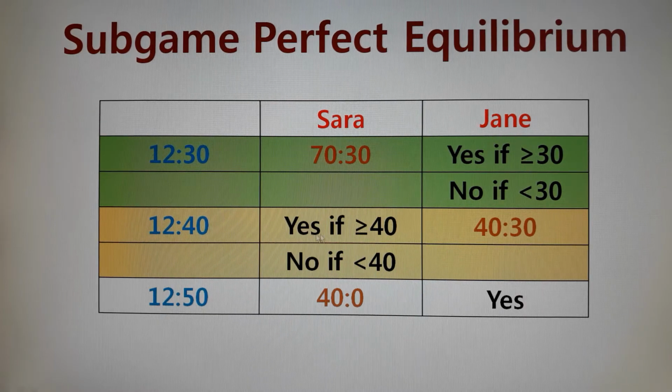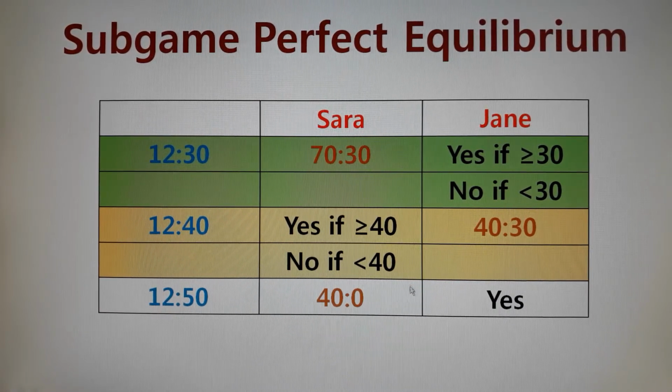Sarah would say yes if Jane's offer to her is more than or equal to 40, and would say no if it's less than 40. Makes sense? That's Sarah's strategy. At 12:50, Sarah would offer 40 and 0, and Jane said yes. If this number can be negative, we would say no if it's less than 0.